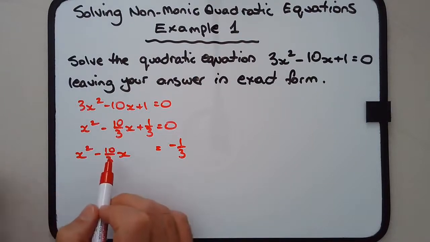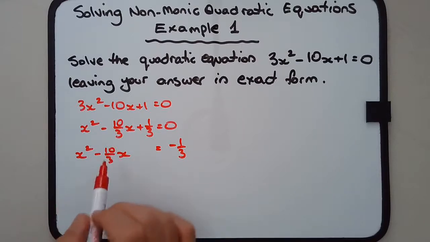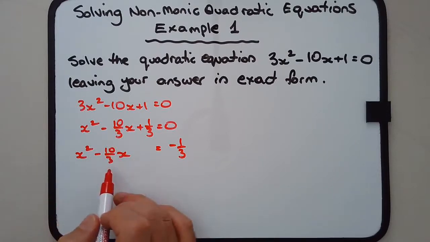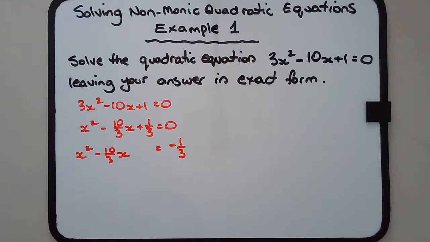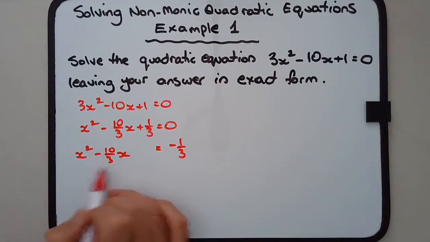So what we're going to do is halve the middle term. Half of 10 on 3 is in fact going to be 10 on 6, or 5 on 3, and then we're going to square the half of the middle term.